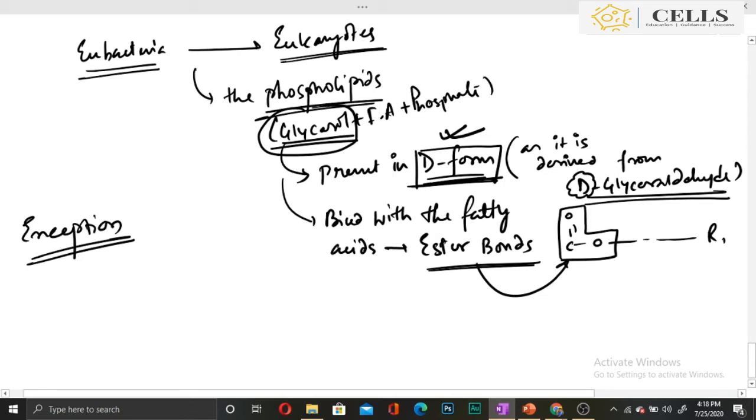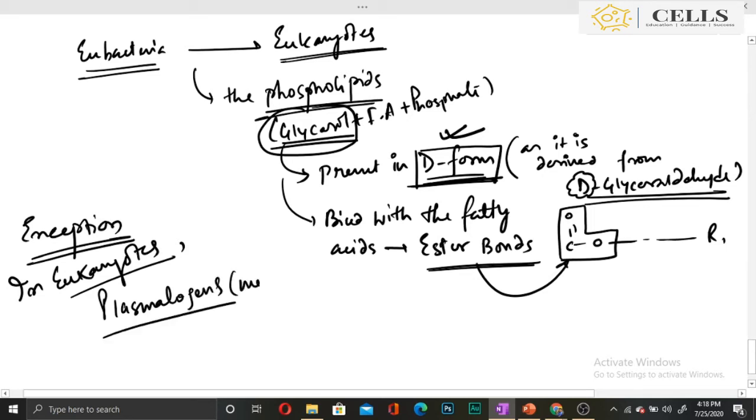Exceptions are also there. In eukaryotes, there are certain kinds of membrane lipids or membrane phospholipids called plasmalogens. These plasmalogens are also membrane phospholipids, but they have ether bonds at the C1 carbon.